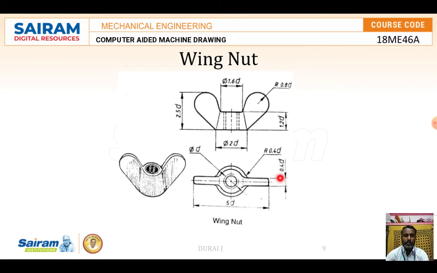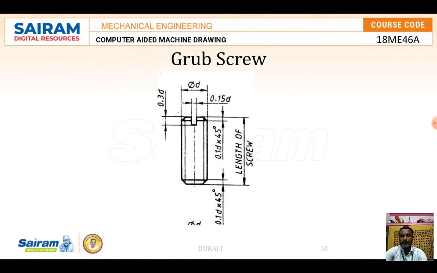And seeing the top view, the wing thickness is 0.4d. Here the curvature is forming, and that curvature is 0.4d. Along with the formula we are going to calculate each and every value, and from that we are going to construct this wing nut. The height is 2.5d.